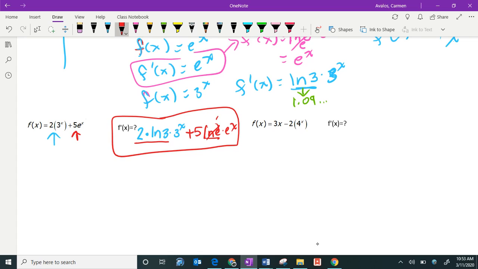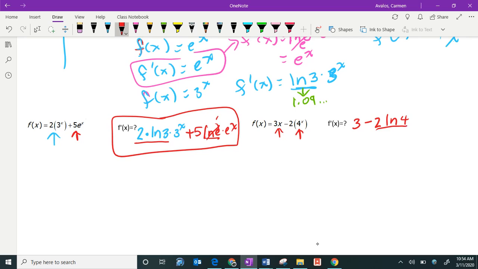Derivative here. This one here, that is the power rule, so that's just going to be 3. And then this one here, the coefficient is going to be negative 2. This here is the function 4 to the x, so we're going to do ln of 4.